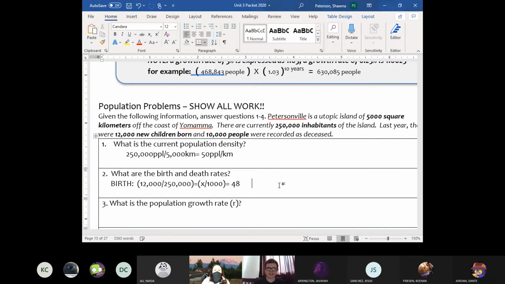All right, now we need to do the death rate. How many died? You got 10,000. Total population. What does that come out to be?